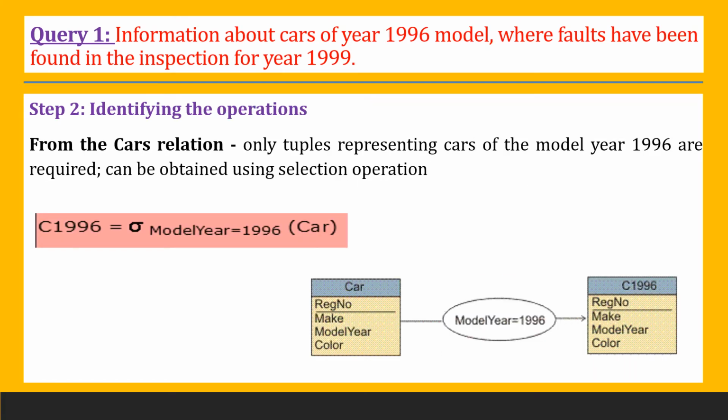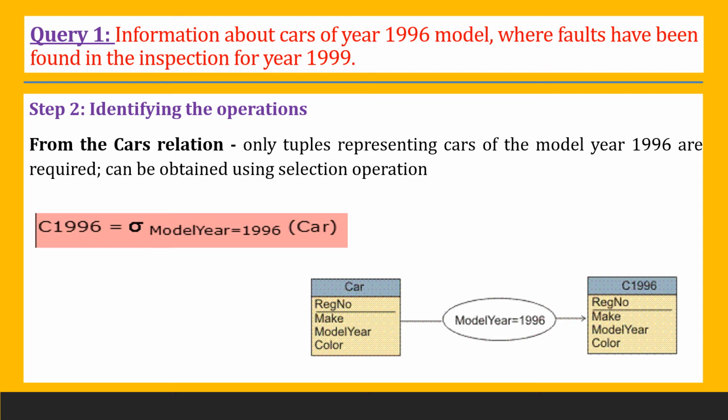After identifying the relations, we have to identify the operations. So that's our second step. We have to identify the operations that we have to perform on these identified relations. First, let us consider the car relation. From the car relation, we need only those tuples that represent the cars of the model year 1996. To select the tuples, as we know, we can make use of the selection operation.